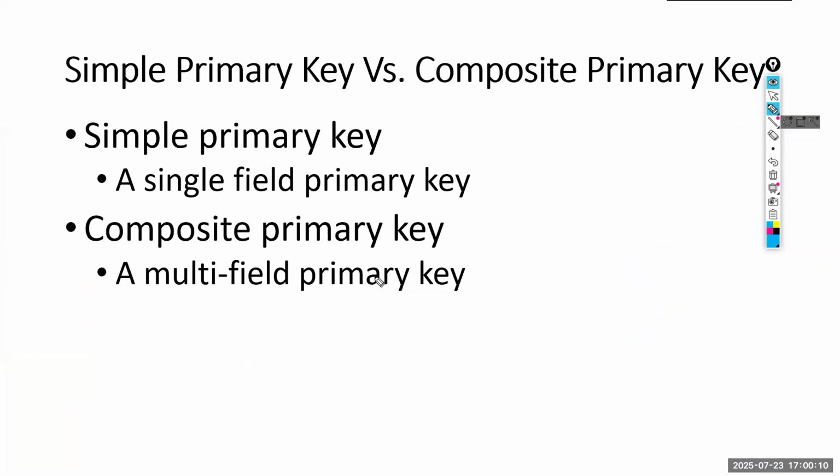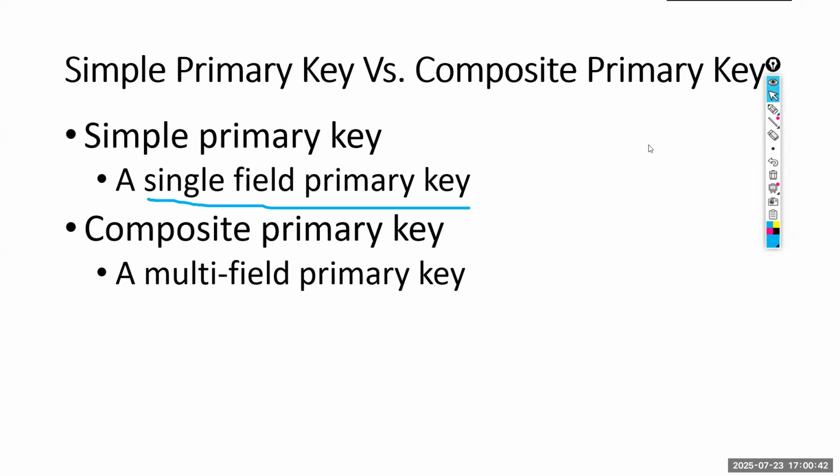Say student number. So just one field is your primary key. That field can be used to uniquely identify a record in that table. Say we can use student ID because every student has a unique student ID. So it's a single field primary key if you have selected student ID.